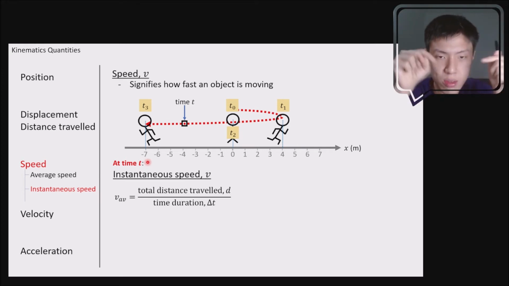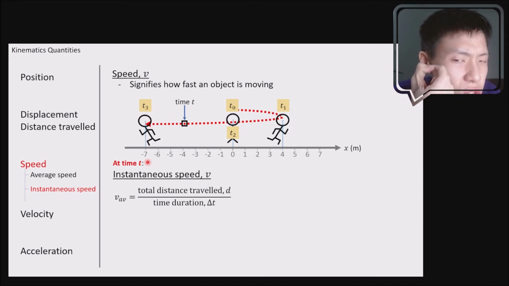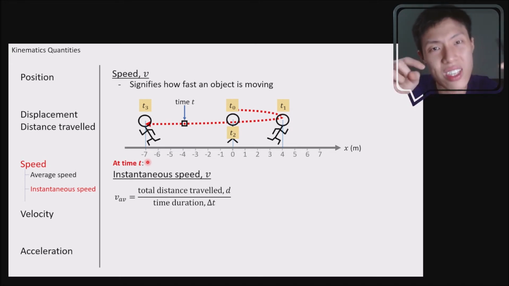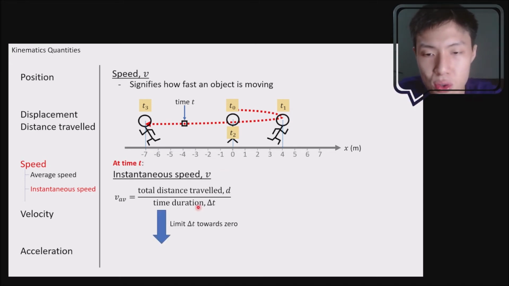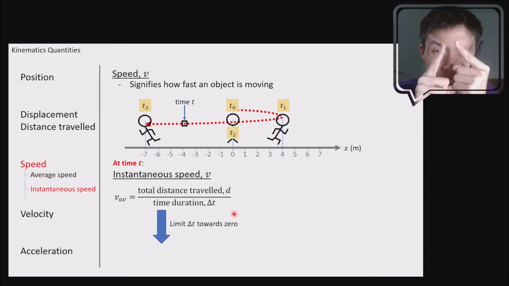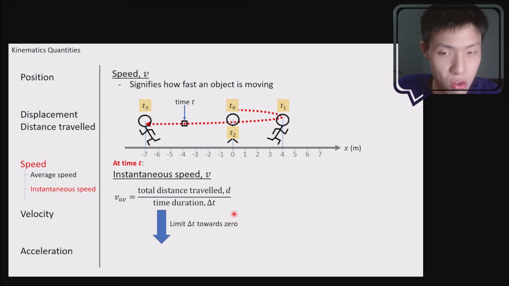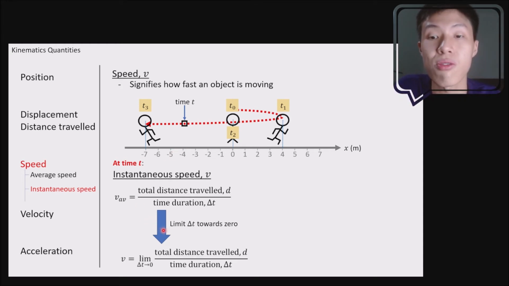You can think of this specific moment as something like 0.000000001 second. So what you do is you limit the time duration towards 0. This limit, delta t towards 0, means you shorten the duration to a very small value that is approaching 0. In mathematical form, you introduce this limit, the duration approaching 0.